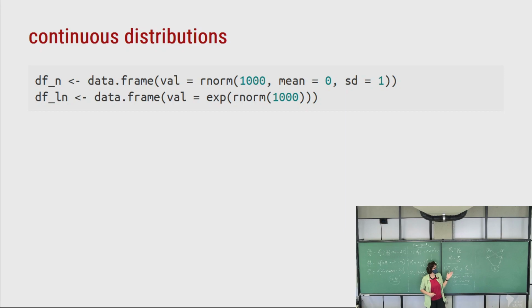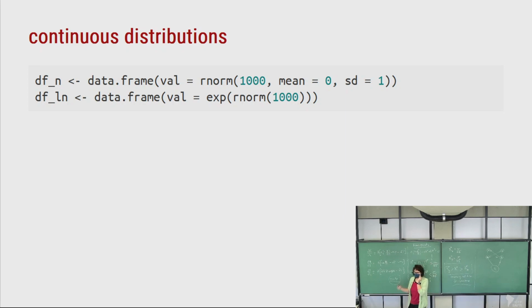Here, I'm generating a log normal distribution. I'm basically generating a normal distribution and taking the exponential function from that, because it's the log, so we are doing the opposite operation here. And this will give me a log normal distribution. We have rpois for generating Poisson data, rbinom for generating binomial data.